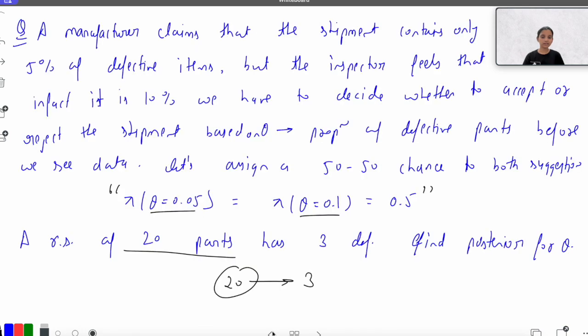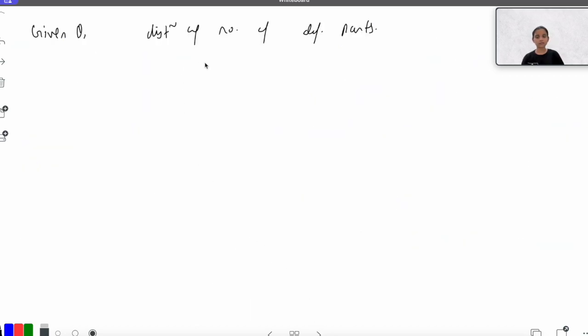Okay, now as you can see there are 3 defectives out of 20, so I can simply say that if x is the random variable, then we can assign it a binomial distribution with n equal to 20 and the probability of being defective, that is theta, because it can take any value depending on the manufacturer's defective proportion and the inspector's defective proportion. Okay, so we are going to calculate the posterior when you have x equal to 3, and we are going to find out the posterior corresponding to it.